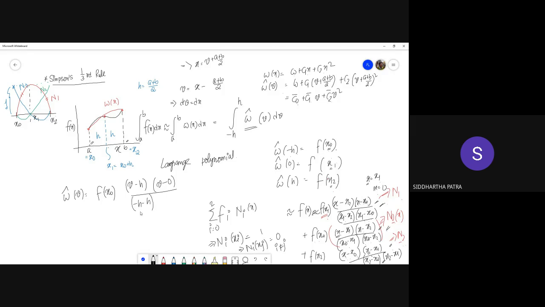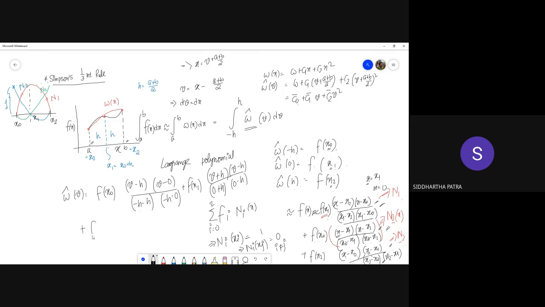So in the denominator, we would put minus h minus 0 and minus h minus h. The next term should be f of x1, but when x equals x1, v equals 0. So over here, we would skip v minus 0. So there would be v minus minus h, which is v plus h, denominator 0 plus h, then v minus plus h, which is v minus h, and then 0 minus h.